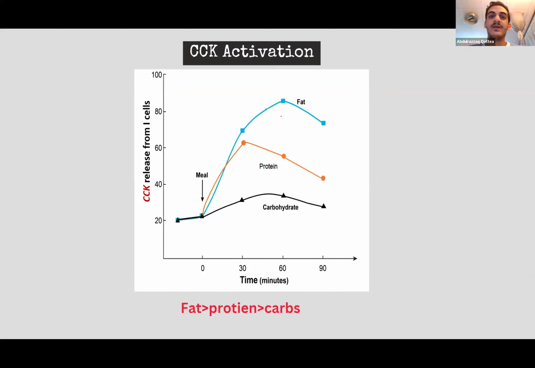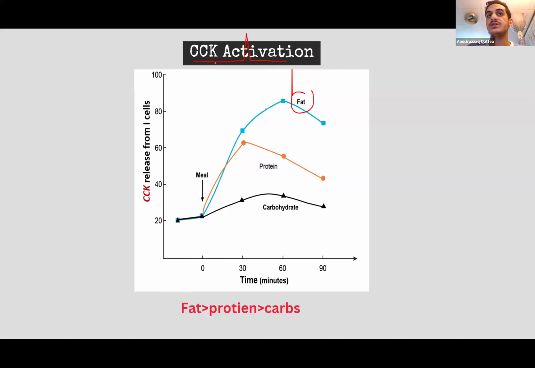And I think finally we have the most important thing, or what's the potent activator or stimulator for CCK. Remember when we said fatty acids? So the first and most potent stimulator for activating and releasing CCK is fat or fatty acids.